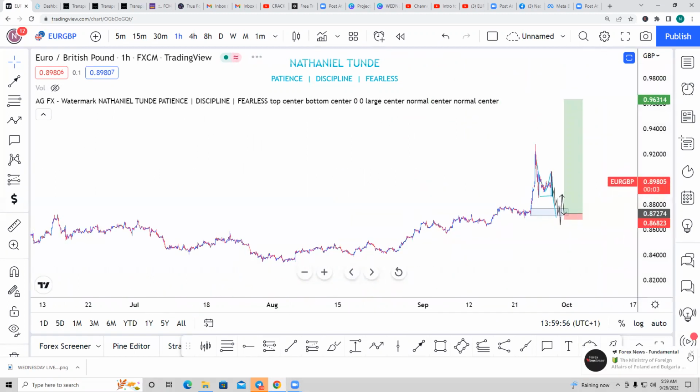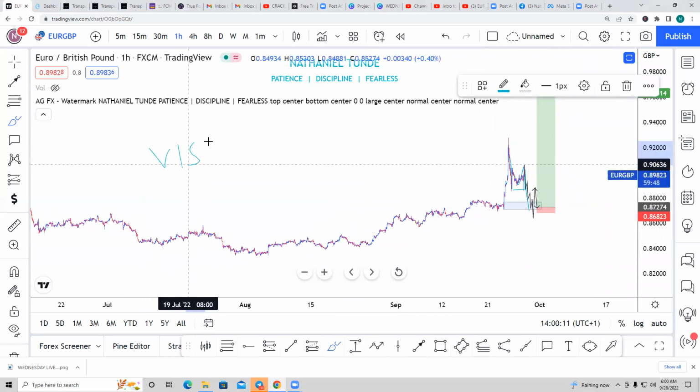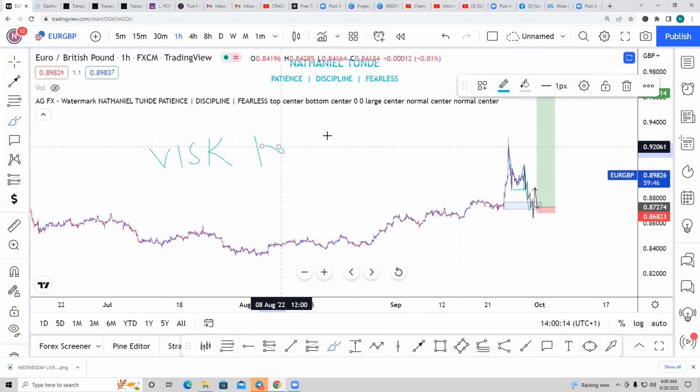Many people do not know that it is not the number of trades you take that makes you money. It is the risk to reward ratio that makes you money.